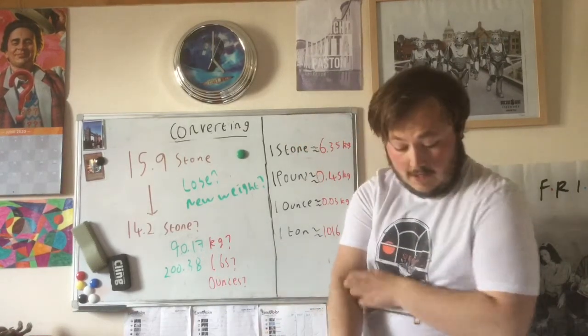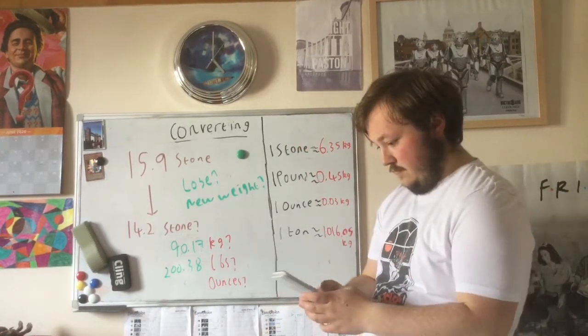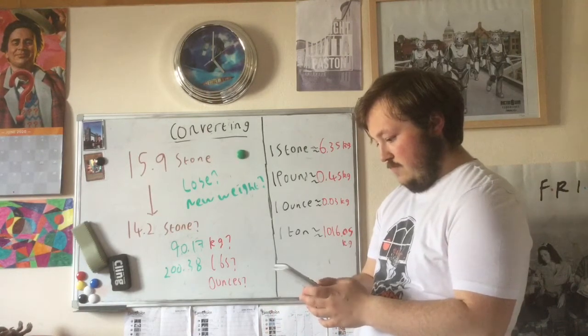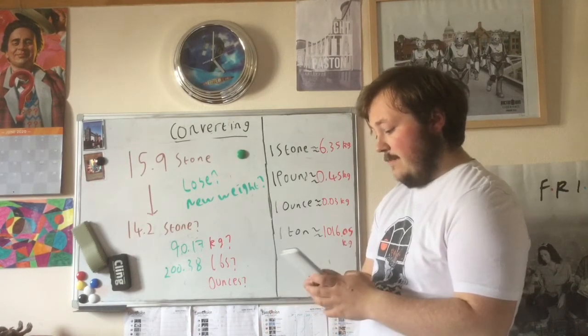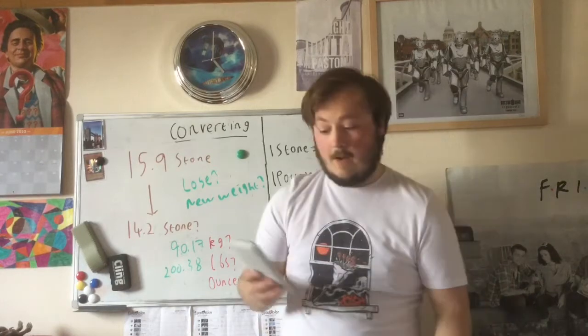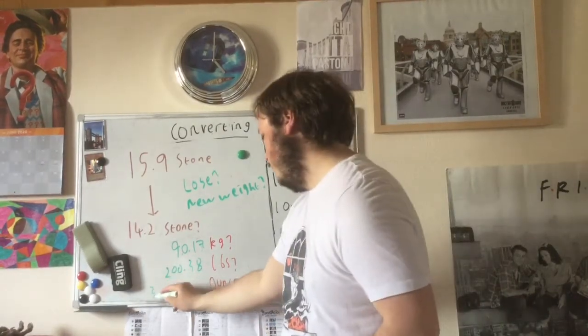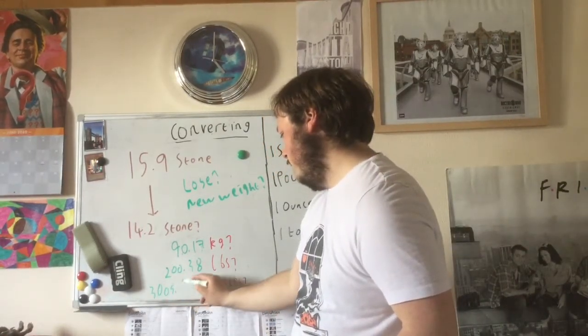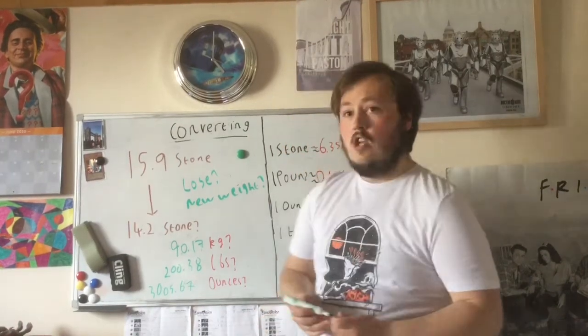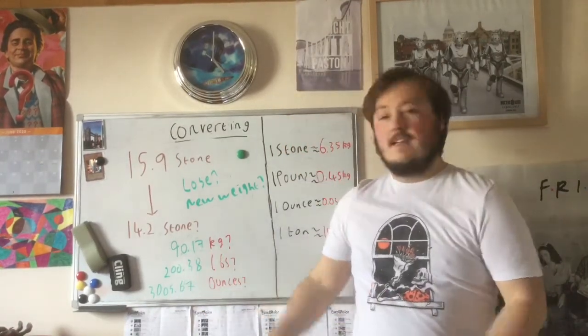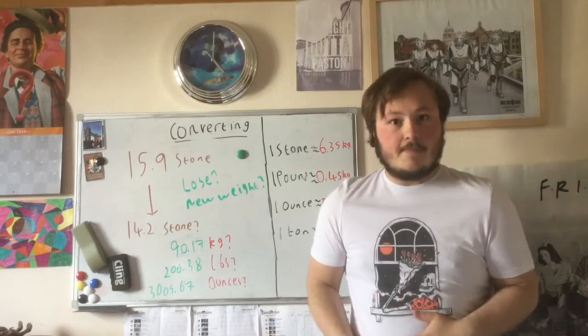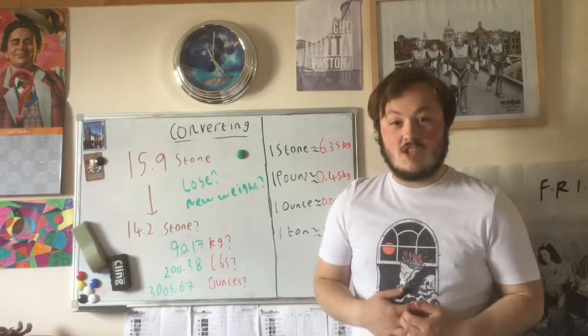And we divide 90.17 by 0.03 to find the final one, which is 3005.67. So my new weight are these. Probably need to lose a bit more, but I'm still happy with what I've achieved.